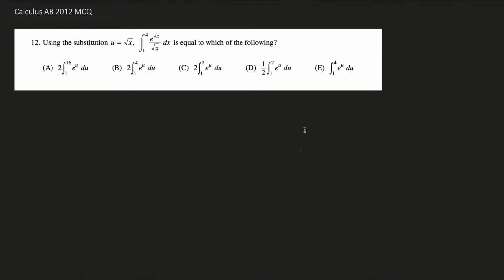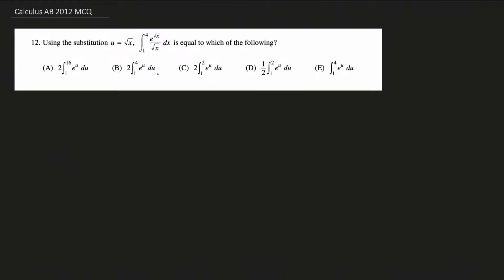All right, number 12 says, using the substitution u equals square root of x, the integral from 1 to 4 of e to the square root of x over square root of x is equal to which of the following? First thing, I'm just going to replace the variables in here with a u.